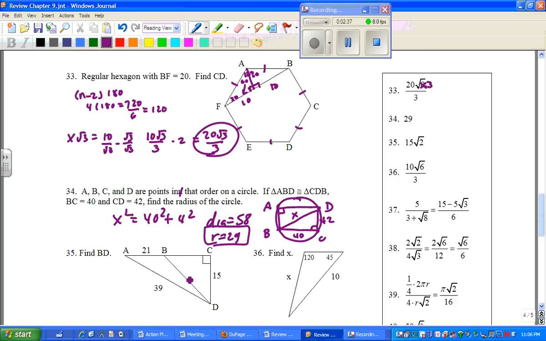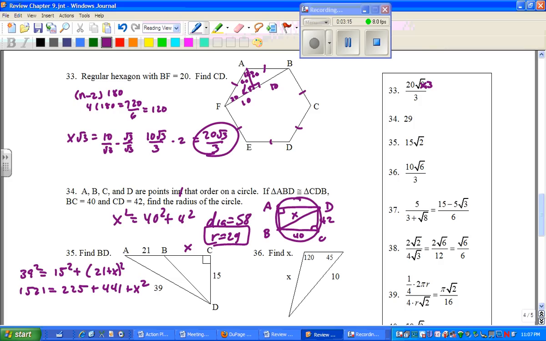And the next question, you want to find BD right here. Well, we can figure out this missing piece right here, because this ends up being a right triangle. So we can say that 39 squared is equal to 15 squared plus the 21 plus x squared. 39, when you square it, you end up getting 1521. 15 squared is 225 plus 21 squared is 441 plus x squared.